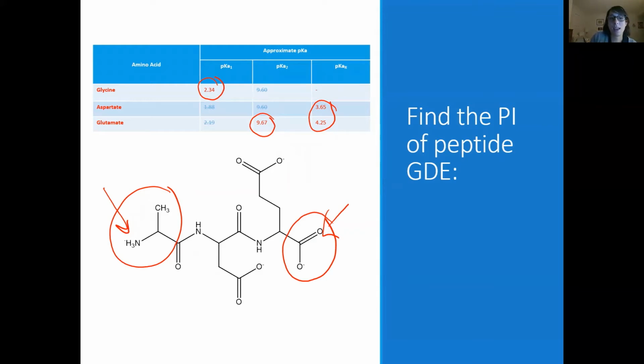And the pKa of the amino acid with the carboxyl end should be highlighted. And lastly, any pKa's for R groups of those amino acids should also be highlighted. So, based on what we have here, we can see some information that is pertinent for this particular peptide.